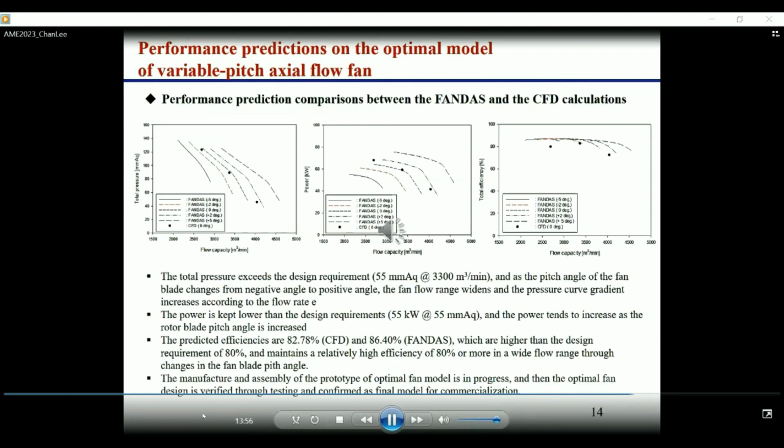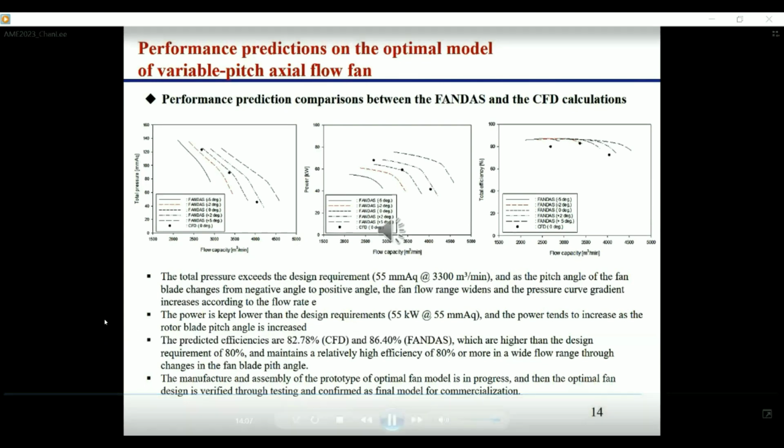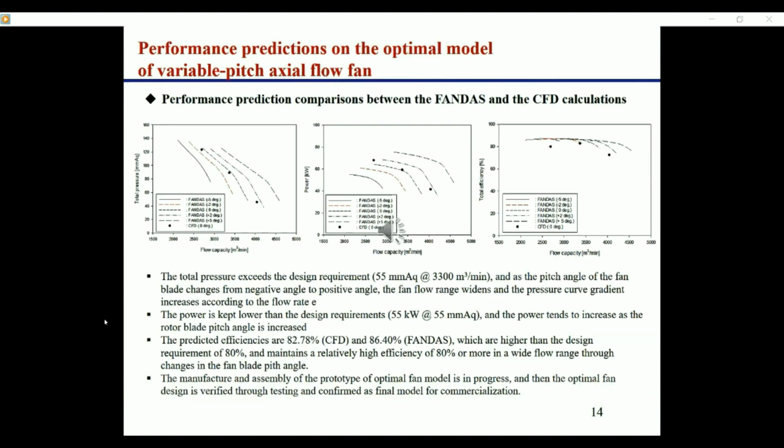In this slide, you can see good agreement between the Fandas prediction and the CFD calculation results. In these figures, you can see the total pressure exceeds the design requirement of 55 millimeters H2O at 3,300 cubic meters per minute.